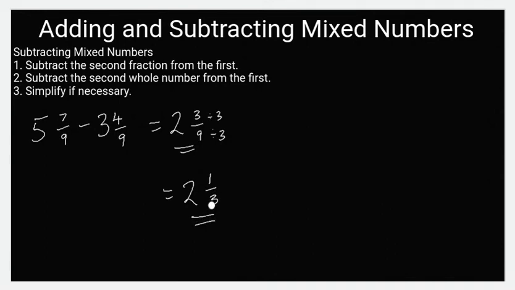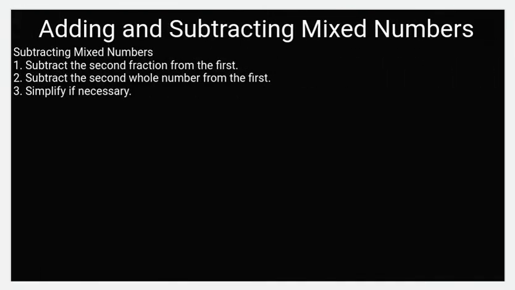All right. So let's move on to subtracting mixed numbers with different denominators. Okay, so we'll try 6 whole number 5 over 6 minus 4 whole number 1 over 2.